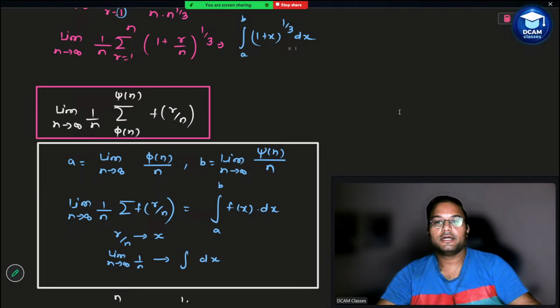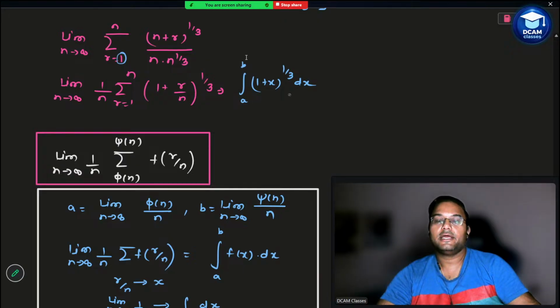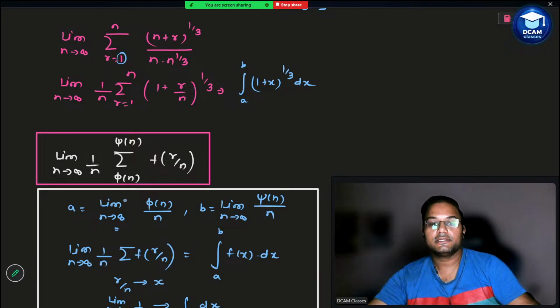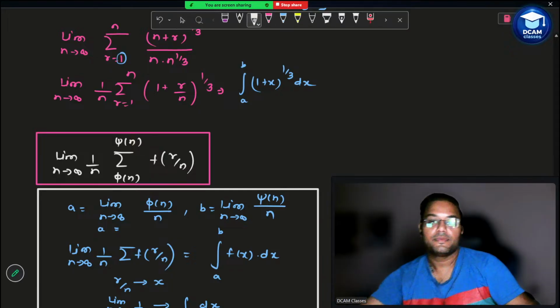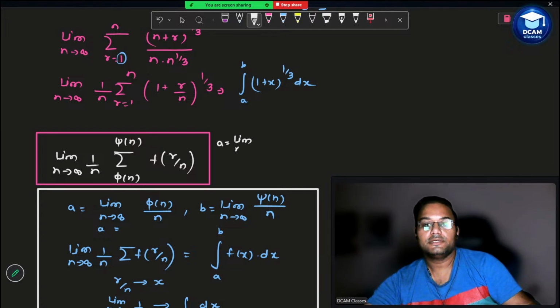Got it now? Then comes the part of a and b, the lower limit and the upper limit. Lower limit is limit n tends to infinity phi of n by n. Phi of n is the lower part of sigma, here 1. So in the present case, a would be limit n tends to infinity 1 divided by n, that is 0.